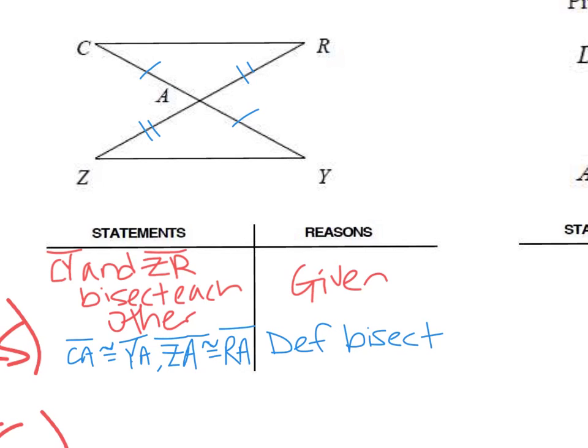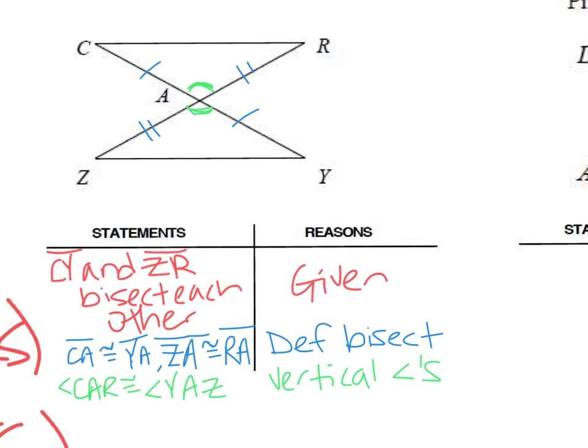Now we want to think, what else could I possibly add to my triangle? Well, I notice I have vertical angles, so I can say that these 2 angles I'm marking right now are congruent. Specifically, the angle CAR is congruent to angle YAZ, make sure you match your letters, and the reason I can say that is that they are vertical angles.